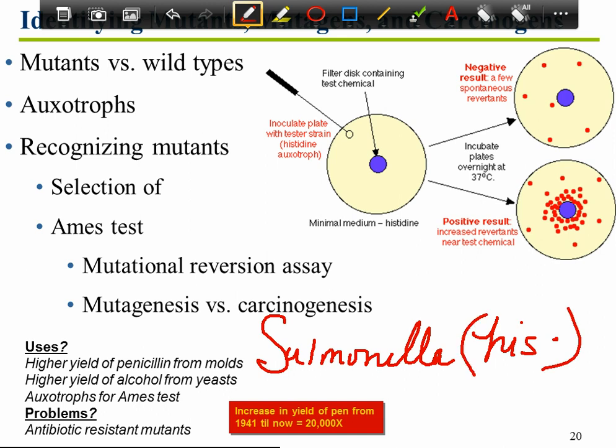We use this particular mutant because, well, you'll see why. This is a reverse mutation, and this particular mutant, its his negative mutation can easily be reversed. In fact, the way we made the Salmonella was a mutation to begin with, but I'm not going to get into all that.